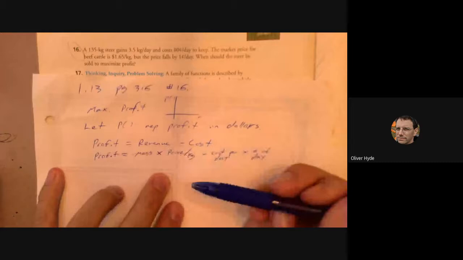I'm still going to suggest that we just take this a little bit further and put in the initial information that we have. That initially this steer weighs 135 kilograms. And initially, the cost, ignore that for now. Initially, the price per kilogram is $1.65. Let me focus on revenue first. Let's say for every day that I wait, I see that the mass of the steer is going to go up.